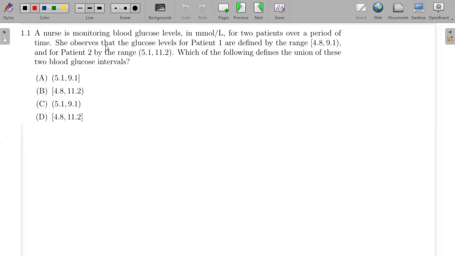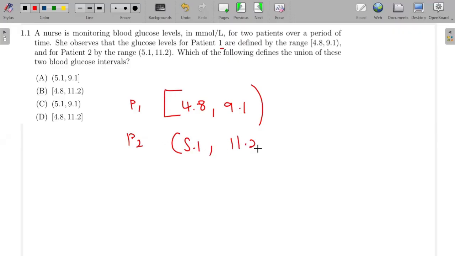She observes that the glucose levels for patient one are defined by the range 4.8, 9.1, and for patient two by the range 5.1, 11.2. Now they're asking which of the following defines the union of these two blood glucose intervals. So we just have to find the union of these intervals.